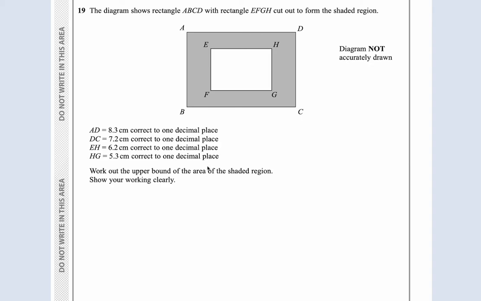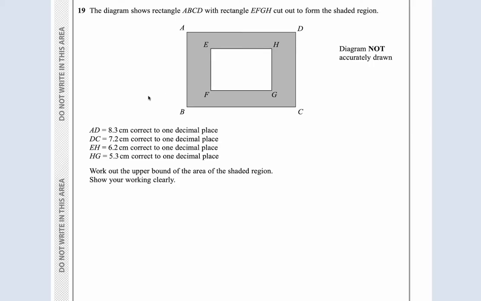So if we want to get the upper bound of the shaded region, essentially we want the big rectangle to be big and the small rectangle to be small. What I mean by that is we want the maximum possible, or the upper bound, of the big rectangle and the lower bound of the small rectangle.